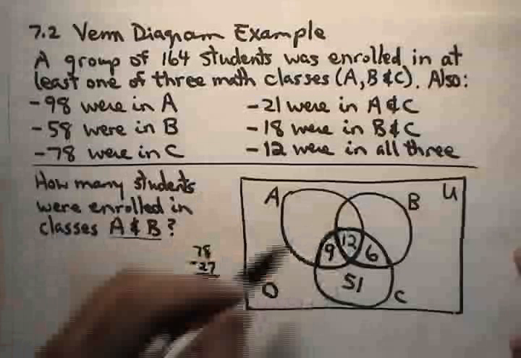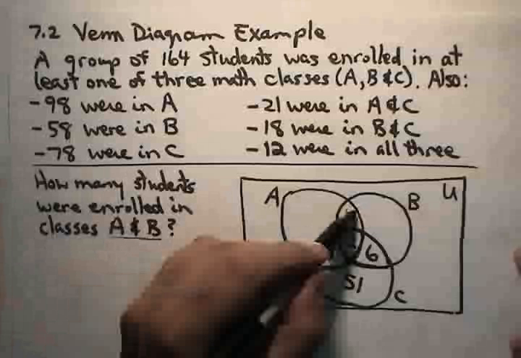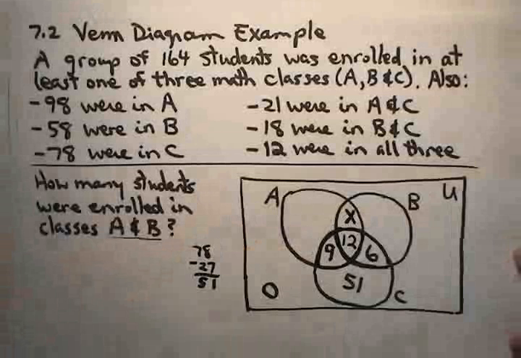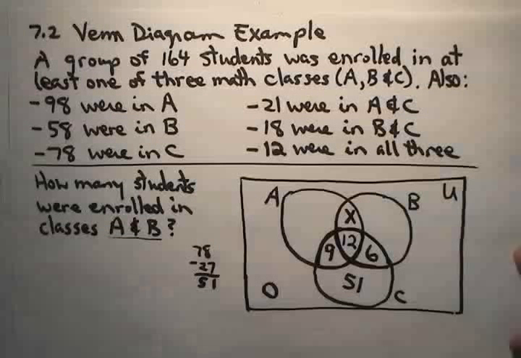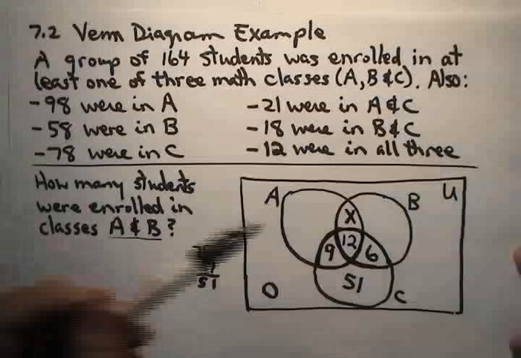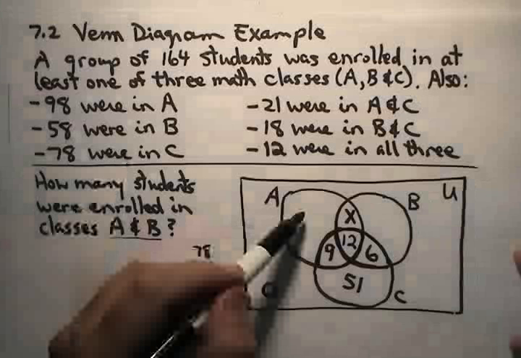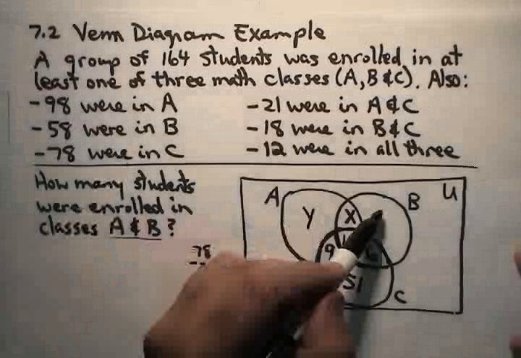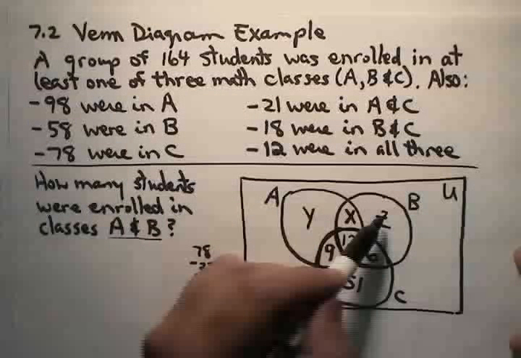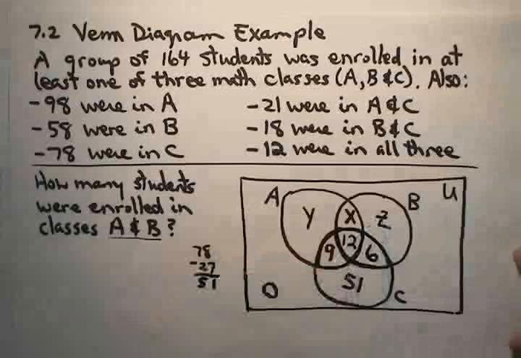I don't know that, so my first inclination, being a good algebra student, is to put an X for that. I also don't know this number and this number, so I would create variables Y and Z and represent the situation like that.